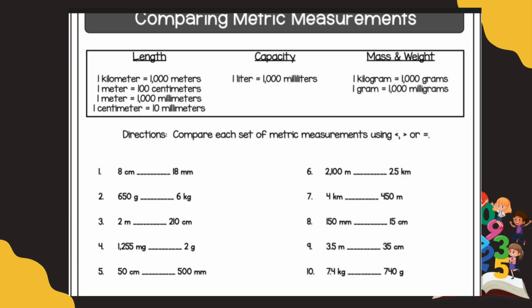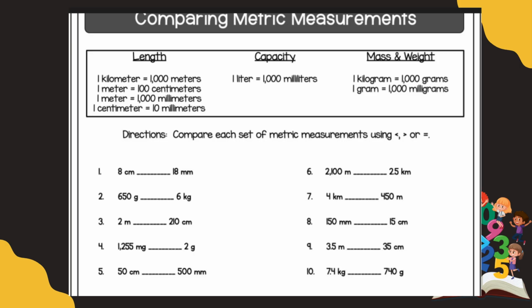So students, it is probably easier to convert your units to the smaller units and then compare them. So for number 2, you will probably want to convert your kilograms to grams. For example, for 1 kilogram, there's 1,000 grams.